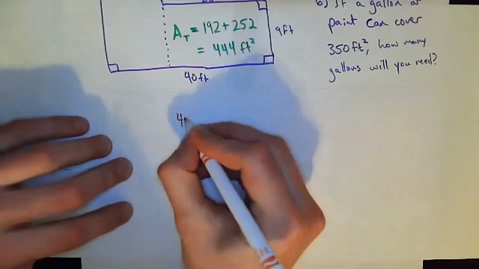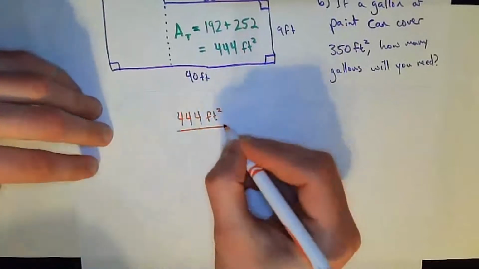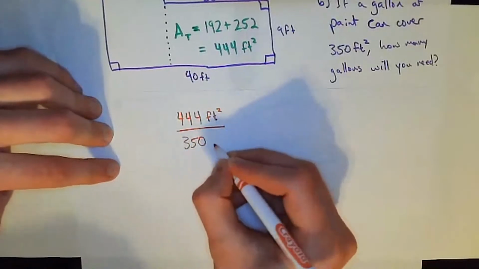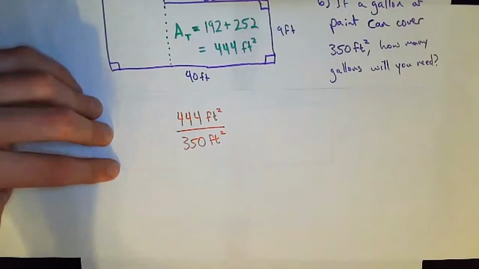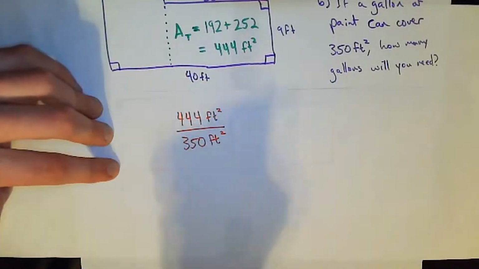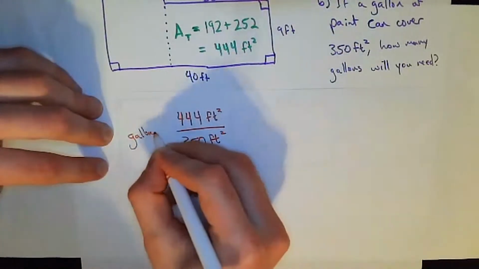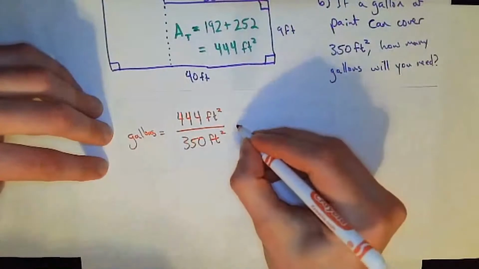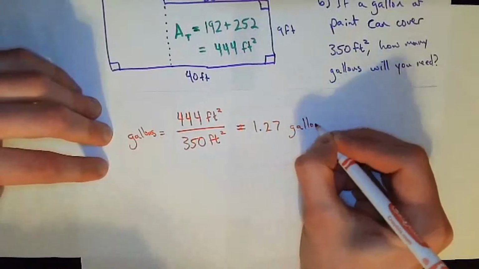So we would say 444 feet squared divided by 350 feet squared, this is going to be gallons, is going to equal, approximately, if I round to the 100th place, 1.27 gallons.